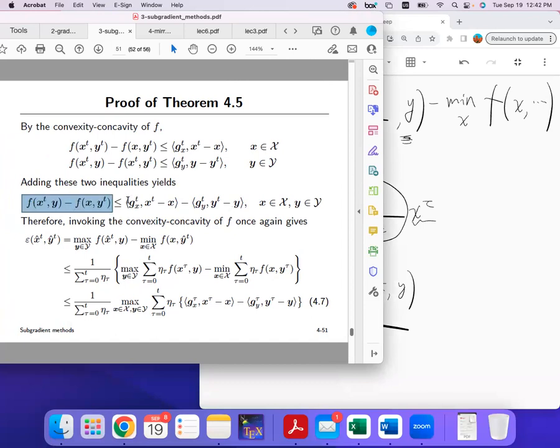Now this inequality holds for any y and x, right? Although we are maximizing over y and minimizing over x, you can assume a certain y and x achieves this maximum and minimum. And then you utilize this inequality because it holds for any x and y.